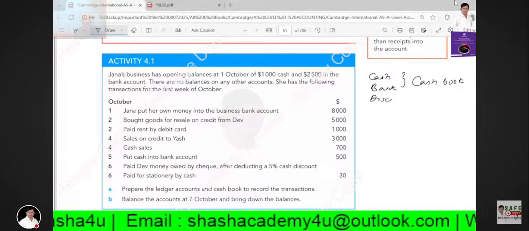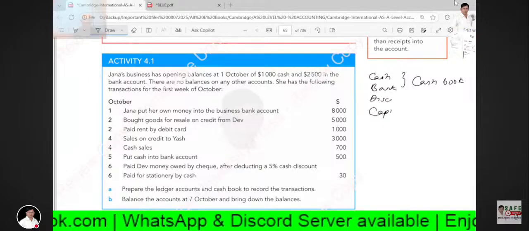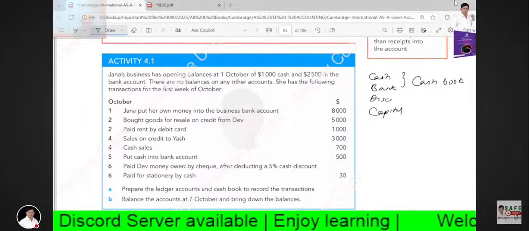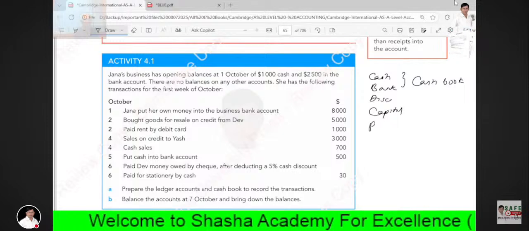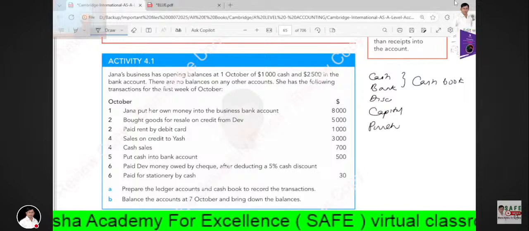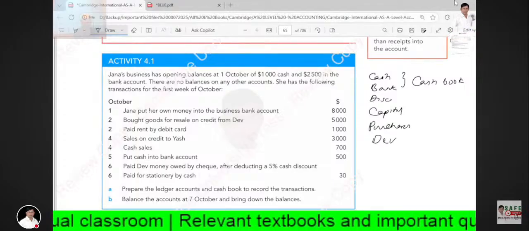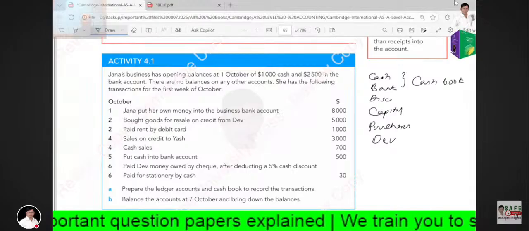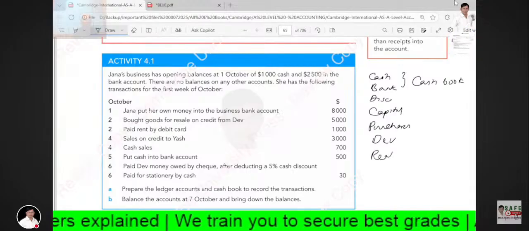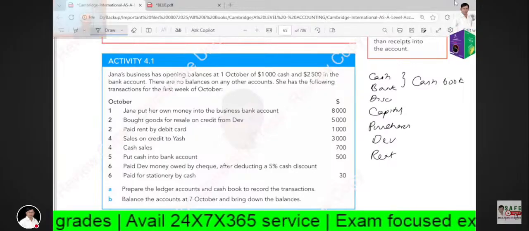Then, Jana put her own money into the business bank account, capital. Bought goods for resale on credit from Dev, purchases and Dev. Paid rent by debit card, rent account. Sales on credit to Yash, sales and Yash.